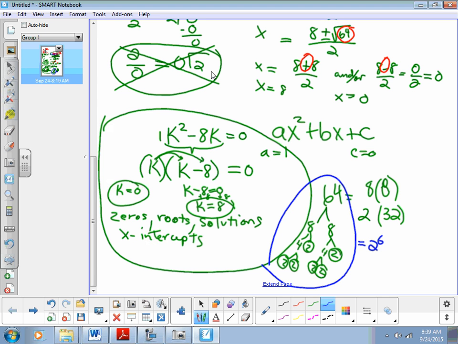Does everybody have the piece of graph paper that I gave you guys last time? Yeah? Can you pull out that piece of graph paper? I want you to add something to it. I want to go over the rules of exponents. Exponents are going to come up in this unit.